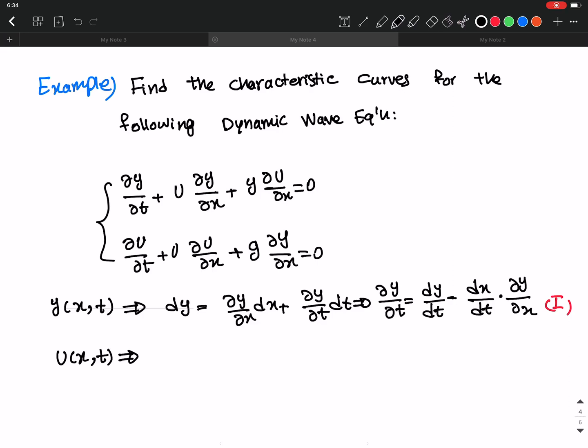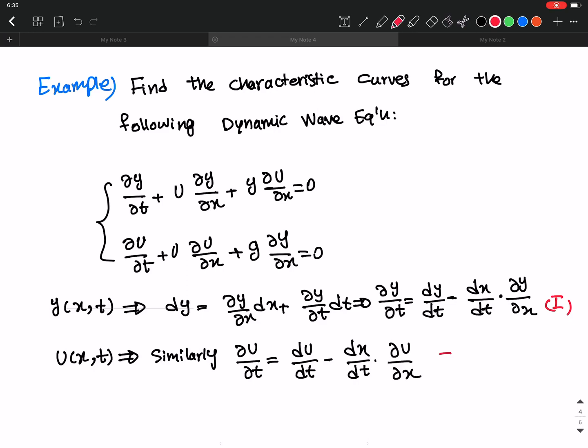And so I can write it similarly: partial u partial t equals du/dt minus dx/dt times partial u partial x.